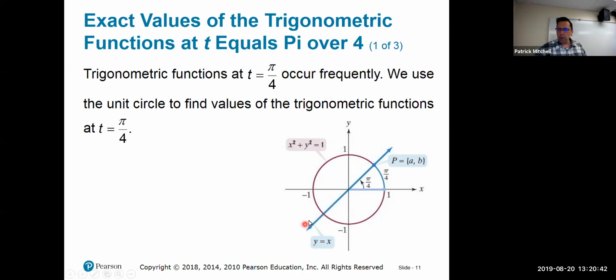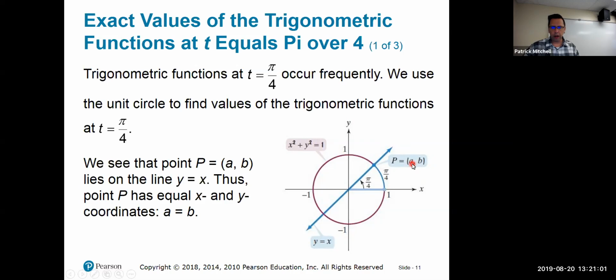If the line y equals x passes through this mystery point (a, b), that must mean that a and b are equal. That is a big clue to figuring out exactly what a and b are. This point has equal x and y coordinates, again, because it lies on the line y equals x.